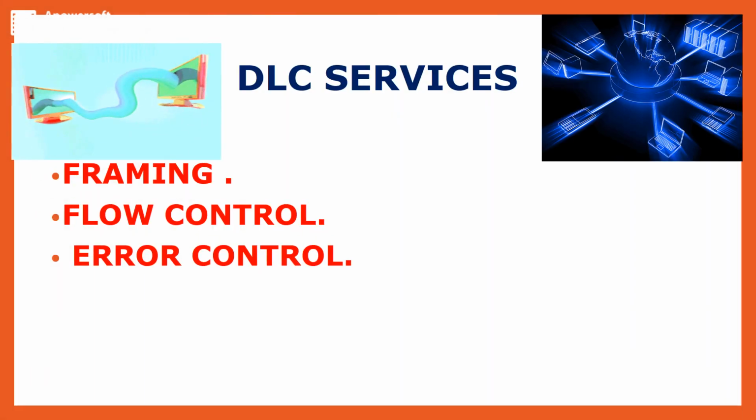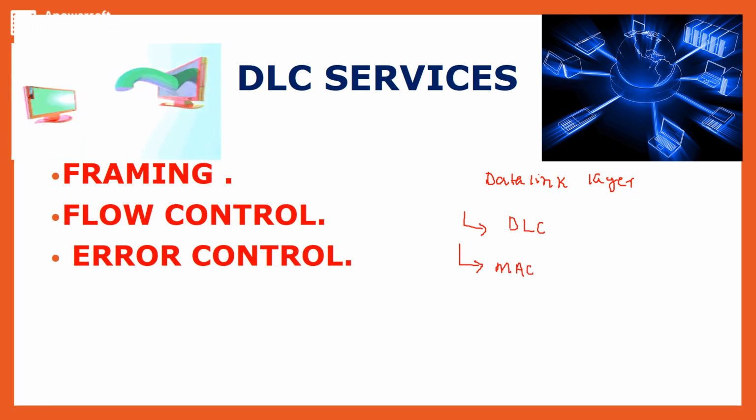So first we'll see what are the major functionalities of DLC. We know that the data link layer has two sublayers. The first one is DLC, that is data link control, and the second one is MAC, that means multiple access control.